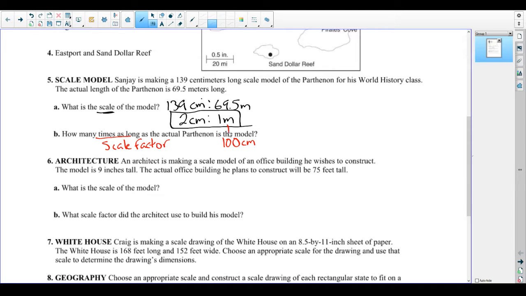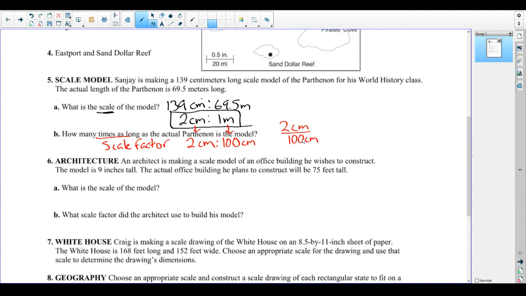All we did is convert 1 meter to 100 centimeters. 2 centimeters is already in centimeters, so I don't have to change it at all. Then if I rewrite this as a ratio, you can write a ratio with a colon between, or you can also write it as a fraction.